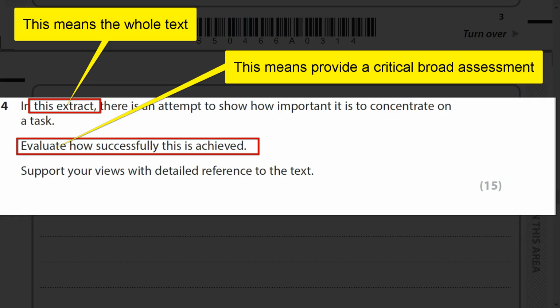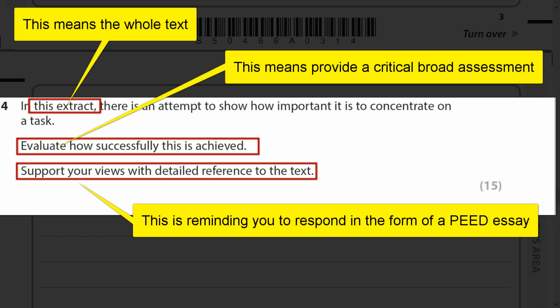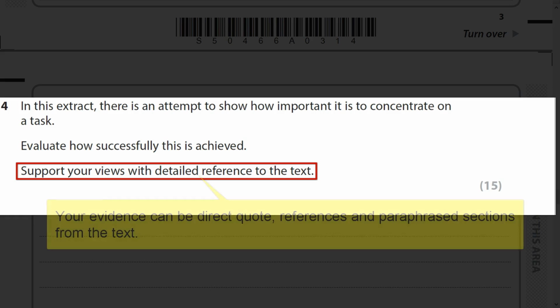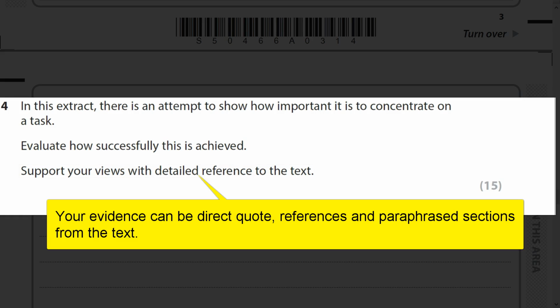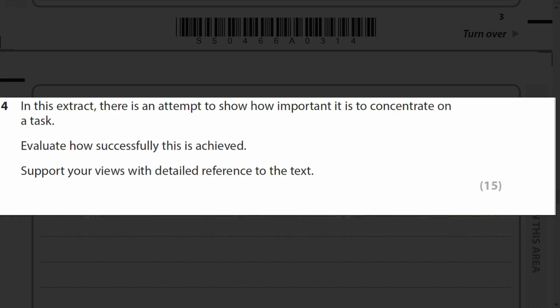And what it's asking for is a PED essay, where you take a step back from that close detailed analysis at word, sentence and text level, and you provide a critical overview. You must still support your comments, as it tells you in the question, with references to the text. They can be in the form of direct quotations, they could be paraphrased sections of text, or they could be referenced to particular events or things that are taking place in the text.